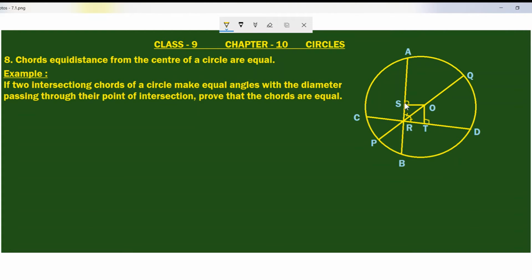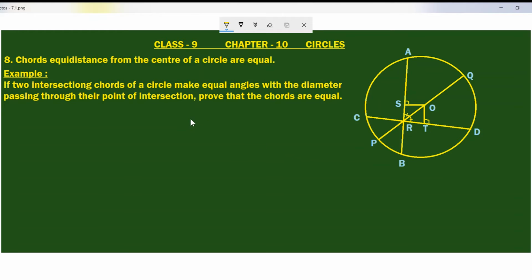That means OS is equivalent to OT, we have proved. But here we need to prove chords equidistant from the center. That means if OS and OT are equal, then the chords are also equal. So to prove this theorem, we need to prove in this diagram OS is equivalent to OT.